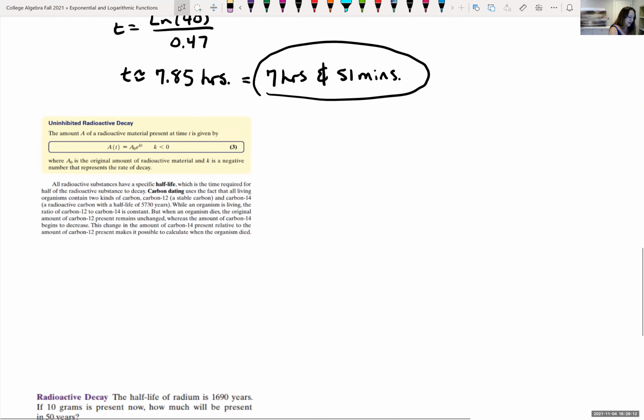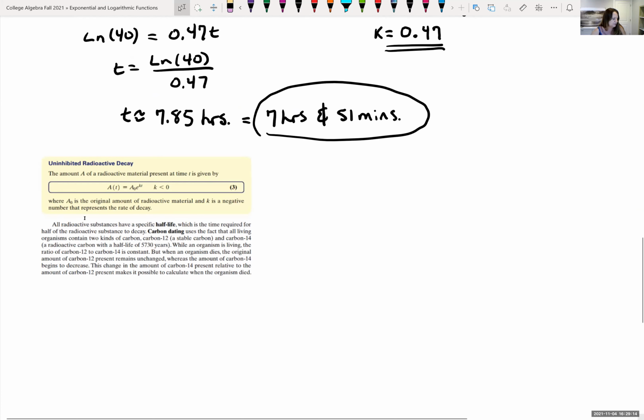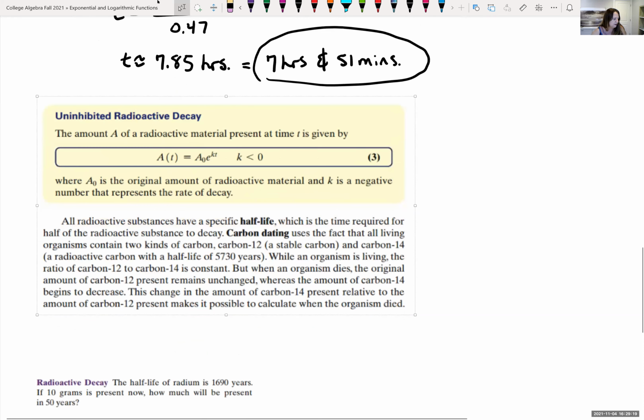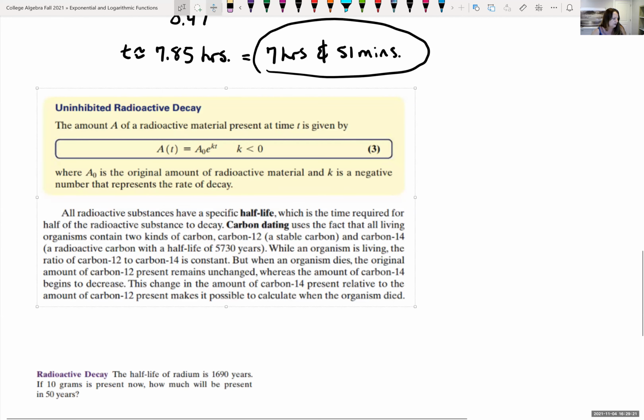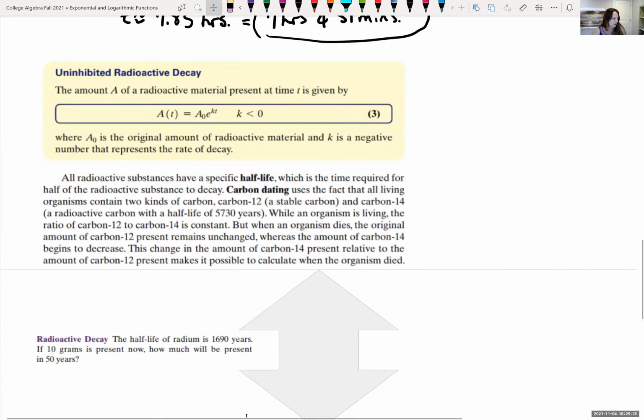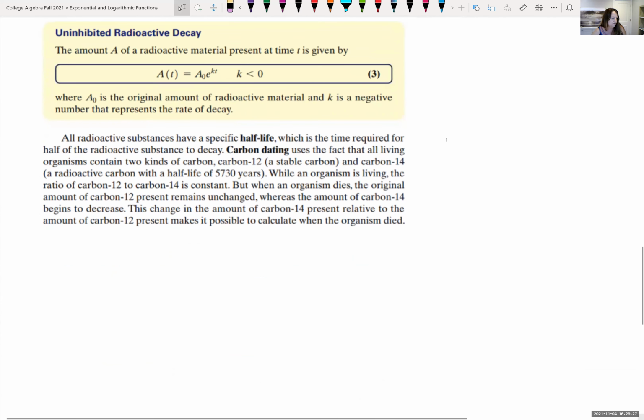Okay, so radioactive decay. Let's pull this up. So the amount of radioactive material present at time t is given by the following formula.